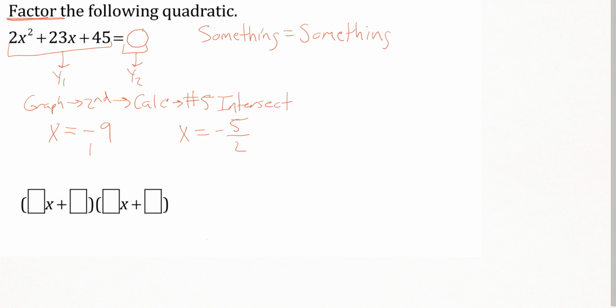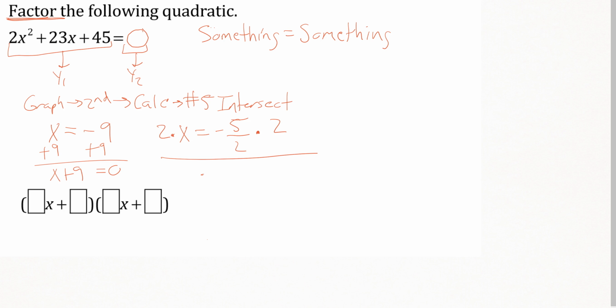From here we solve to get zeros again on the right-hand sides of these equations. I'm going to add 9 and add 9, so on this first one I end up with x plus 9 equals 0. When I have fractions, it's a 2-step process. The first thing is to multiply by the number on the bottom to get it out of there, so we multiply both sides by 2.